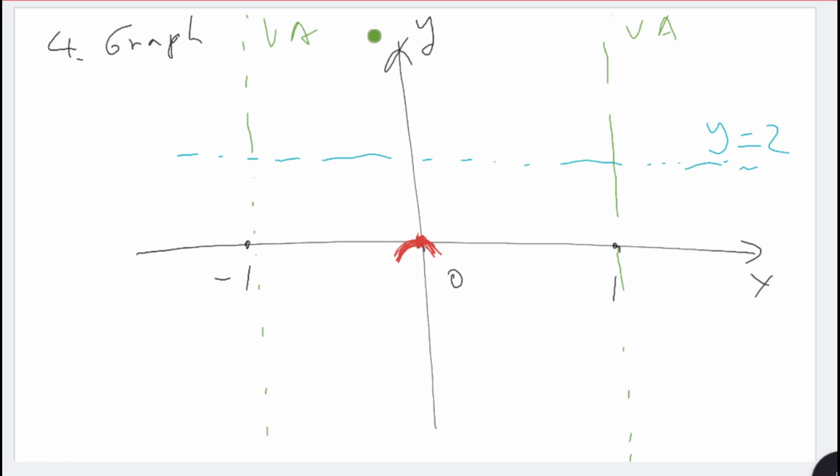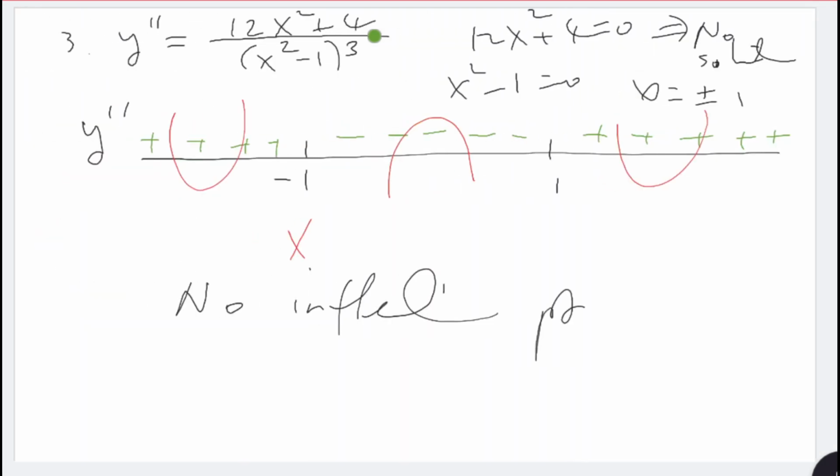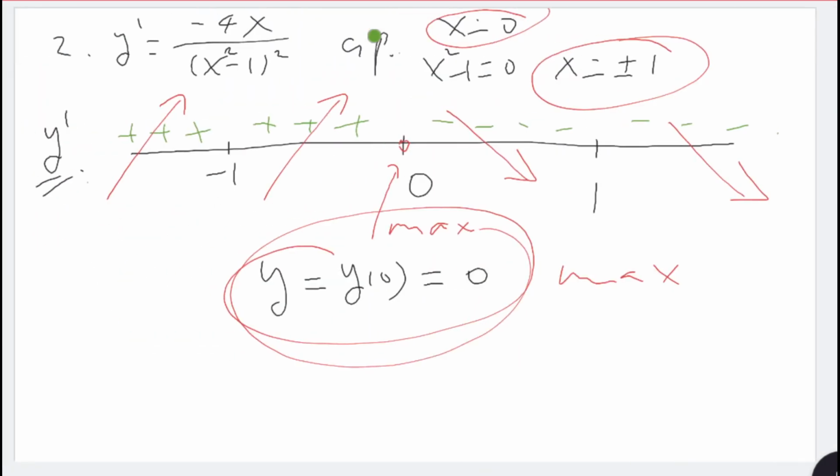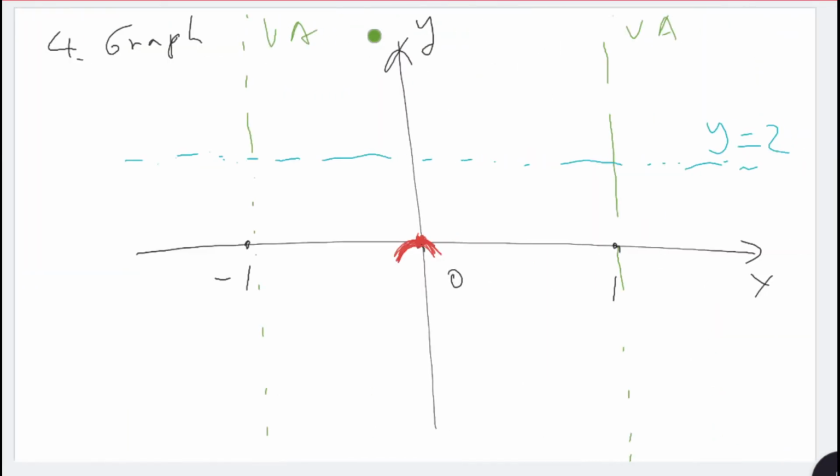Okay, so now let's try to sketch the graph by utilizing the results we found. Let's first start with the decreasing result. Basically we can see here from negative infinity to 0, the graph will all increase. Let's see how we place a graph that's all increasing from negative infinity to 0.